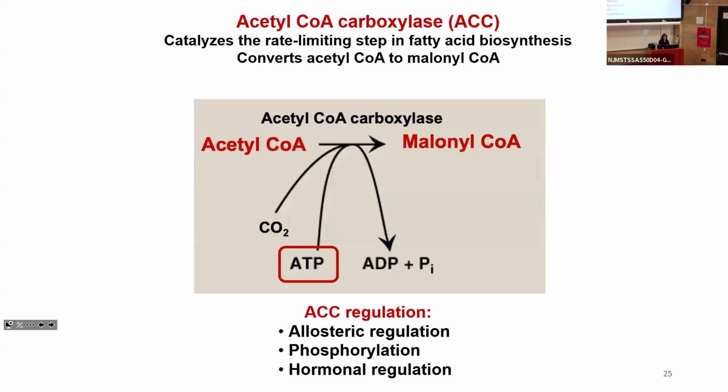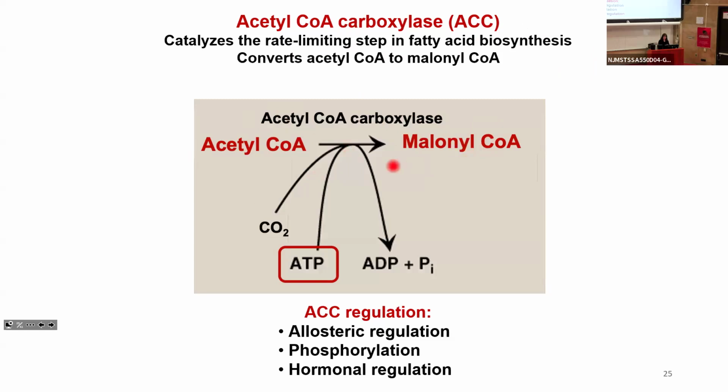So another rate limiting step is this acetyl-CoA carboxylase, ACC. It's catalyzing the rate limiting step in fatty acid biosynthesis, and it converts acetyl-CoA to malonyl-CoA. Okay, and what you'll see in a moment is that these two, acetyl-CoA and malonyl-CoA, are the building blocks for triglyceride synthesis.